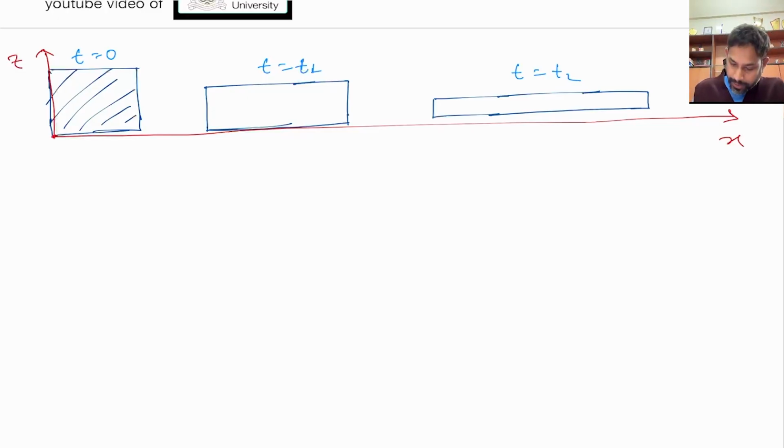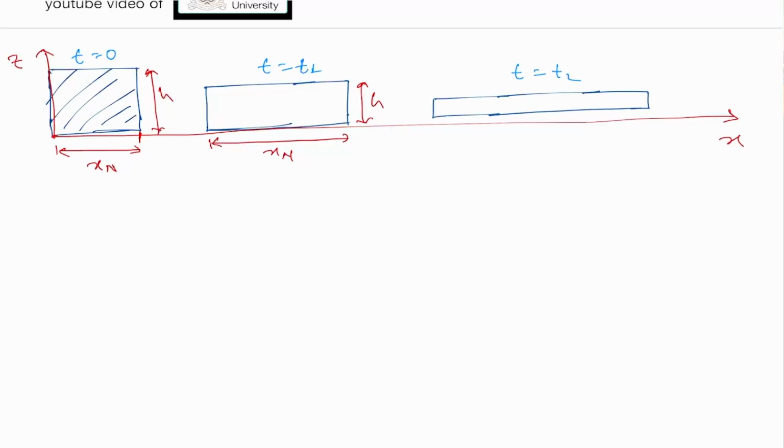Here this is the position xn, and we will call this h. In this case this is xn, here it is h, here again this is xn, and this is h.